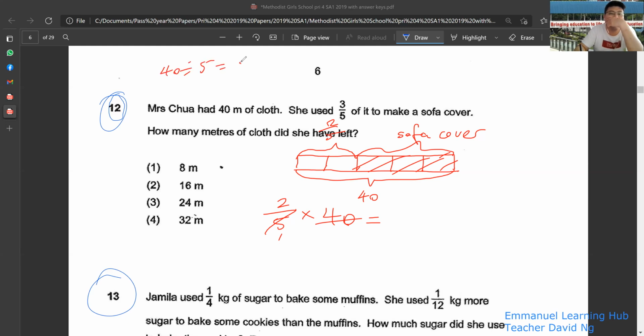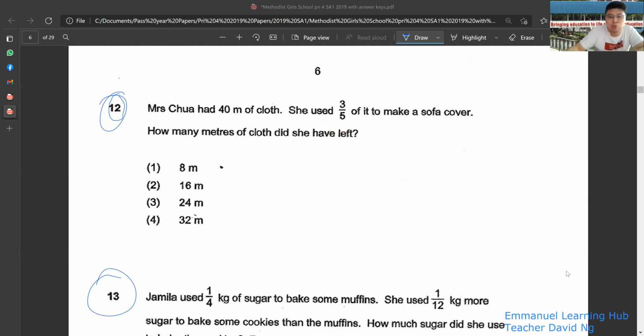So this is 8. 2 times 8 equals 16. So how many meters of cloth did she have left? 16, so the answer is number 2. Do you understand now? You have to redo all these questions.